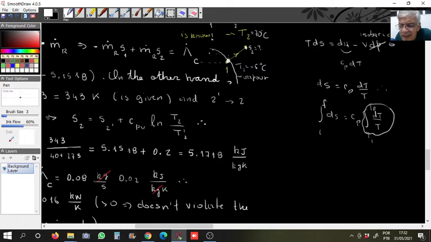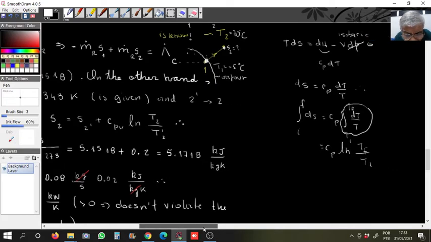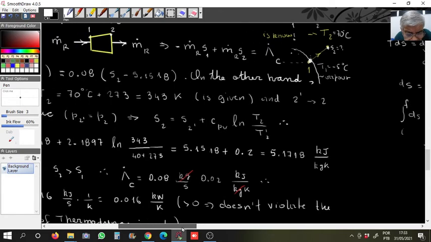This is equal to Cp natural log of T final over T initial. Now let's go back.